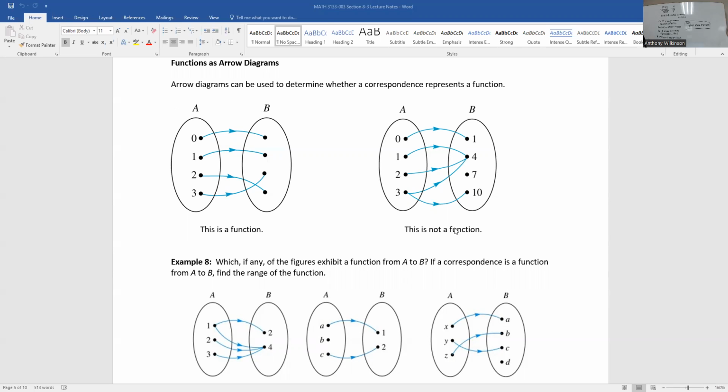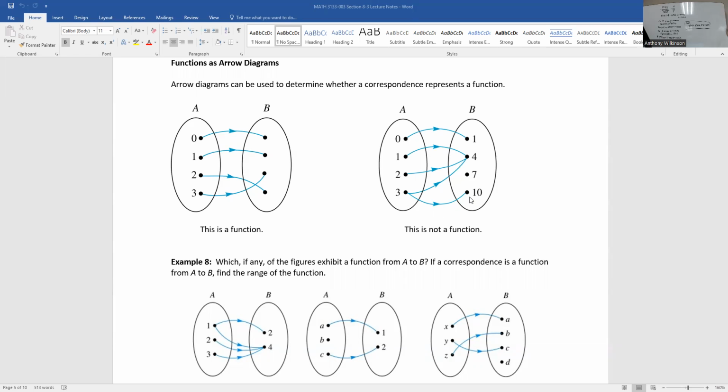Now in this one, it's not going to be a function. Because if you look at it, 0 is paired with 1, 1 is paired with 4, 2 is paired with 4. But at 3, you've got 3 going to two different values in B, 4 and 10.